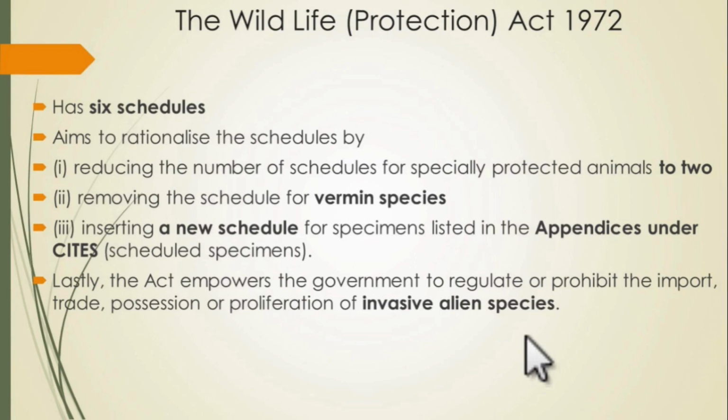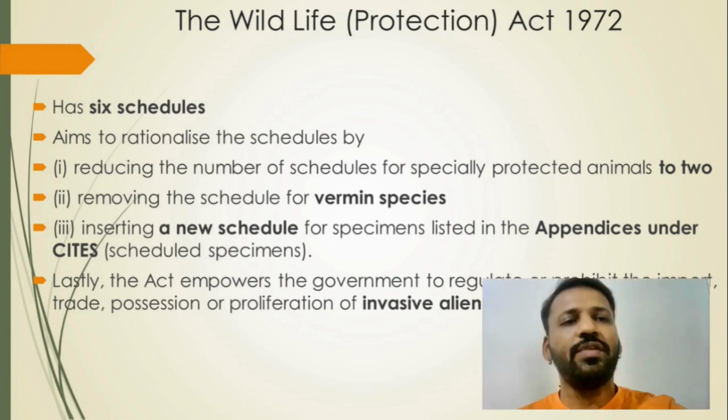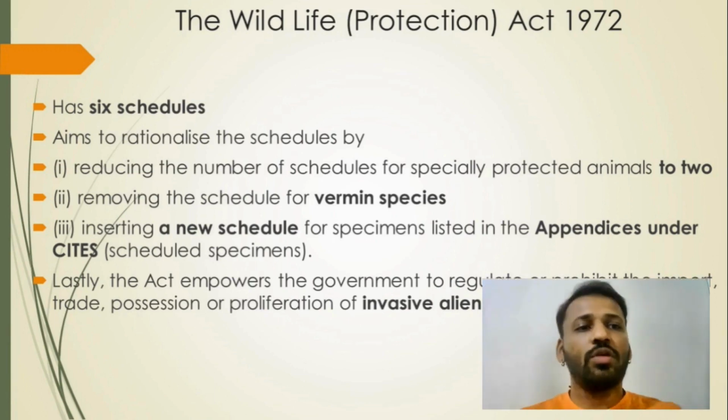Alien species means they don't belong to this particular ecosystem, but they are deliberately or accidentally introduced by some people from other ecosystems. So they are harmful for the new ecosystems in which they are introduced. They can completely destroy the new ecosystem. So the government wants to control these invasive alien species.